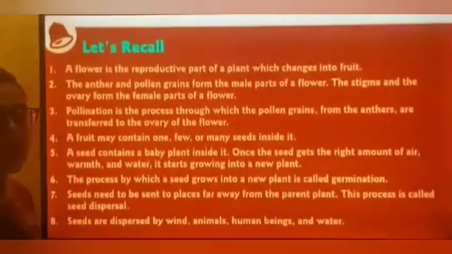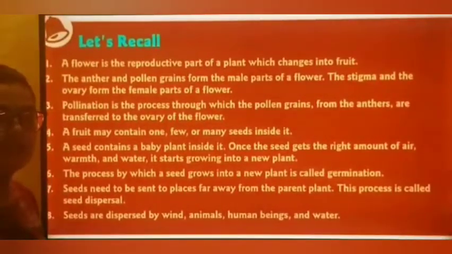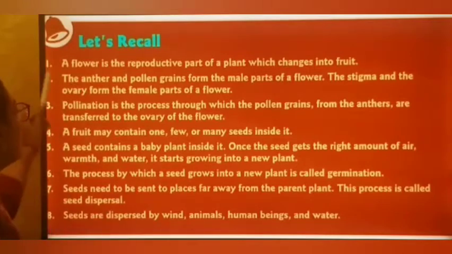Okay. Now we will recall the full chapter. These are the important points of the chapter which we have to remember. The first point is a flower is the reproductive part of a plant which changes into fruit.